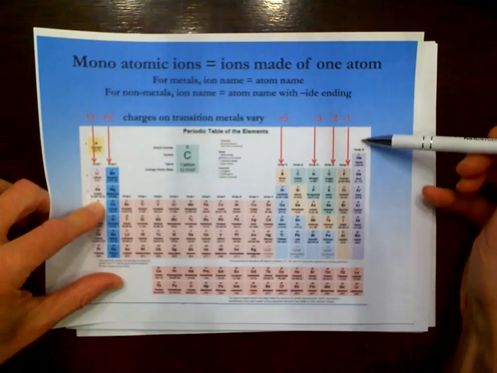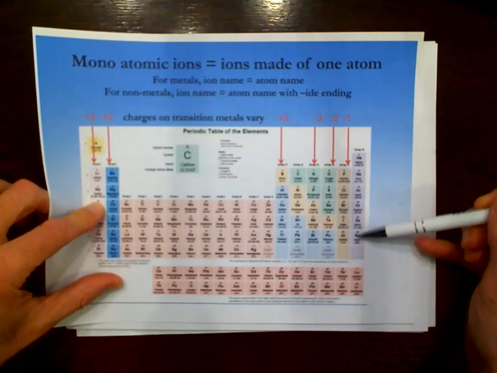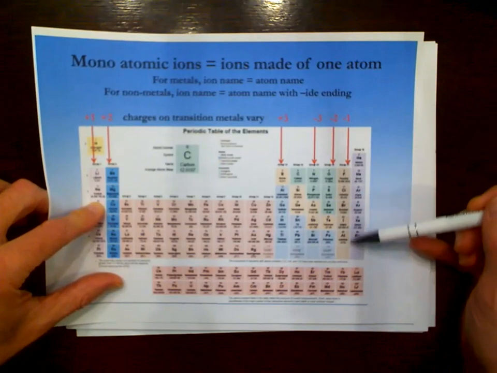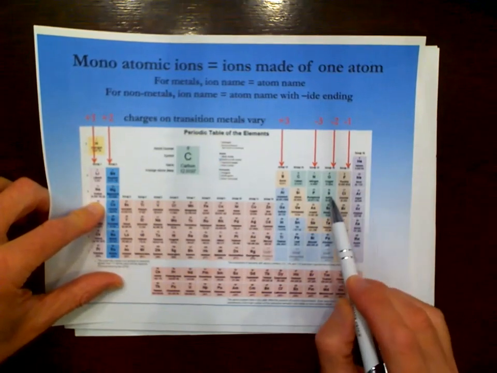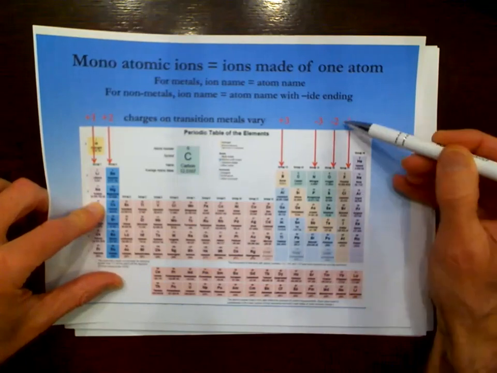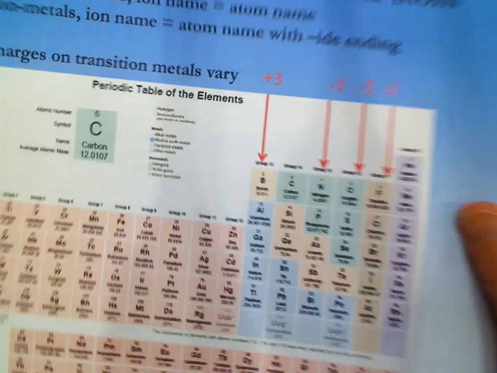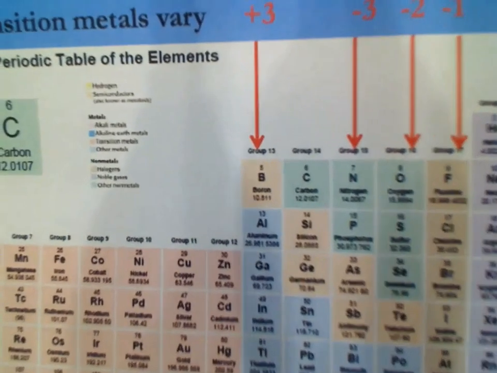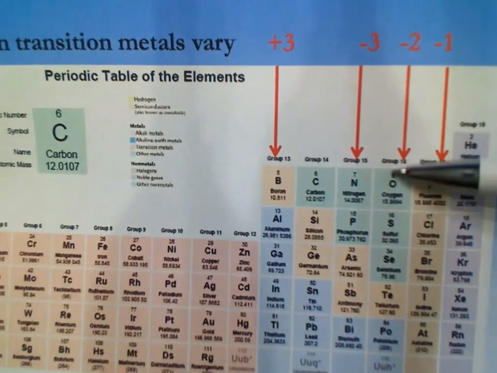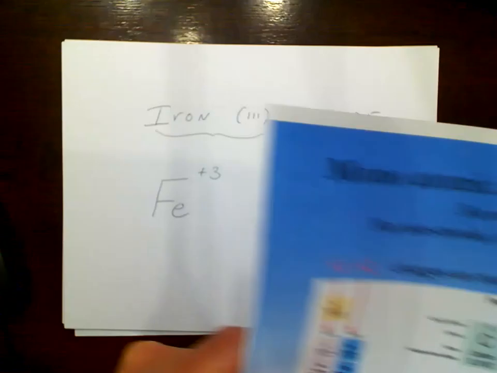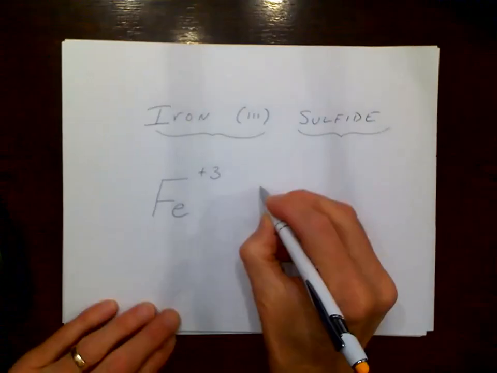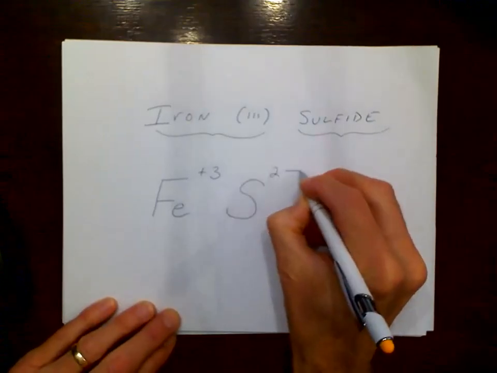Remember, the atoms try to gain the number of electrons that are in this group right here, which is the noble gases. So sulfur is going to gain 2 electrons, and when it gains those 2 electrons, it becomes negatively 2 charged. So every atom in this column gains a negative 2 charge when it becomes an ion. So we'll pop that symbol and charge for sulfide.